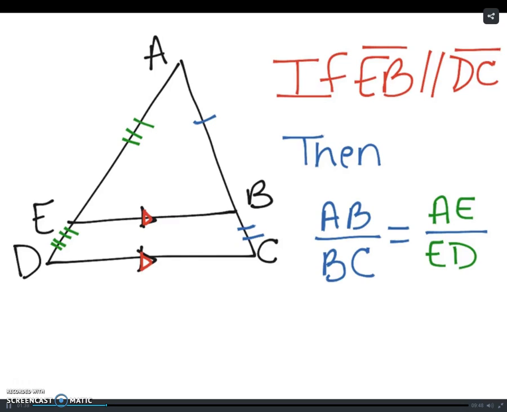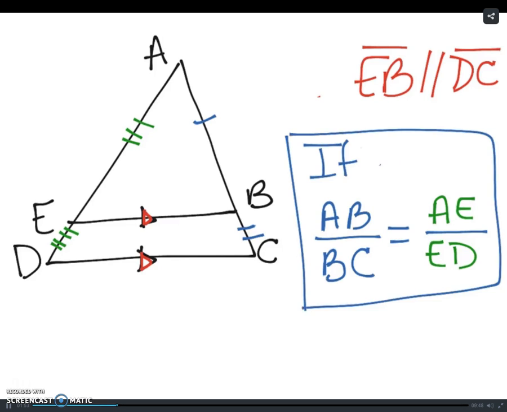Okay? This one also works backwards. So if they had given you this proportion, right, so this was given first, then you would know that those two lines had to be parallel.